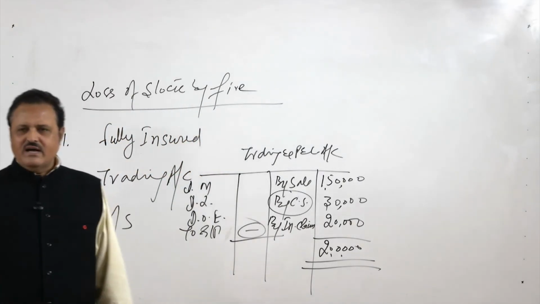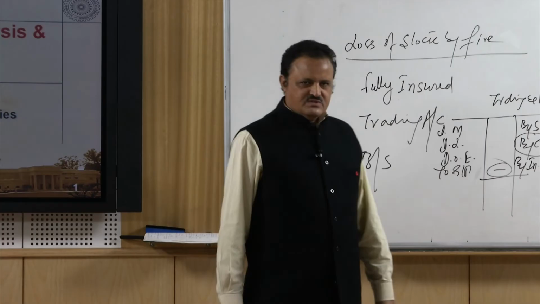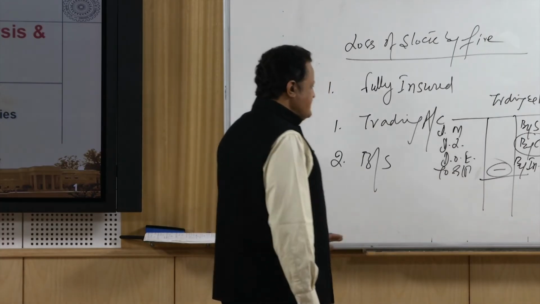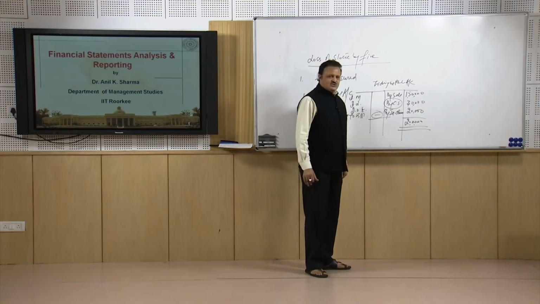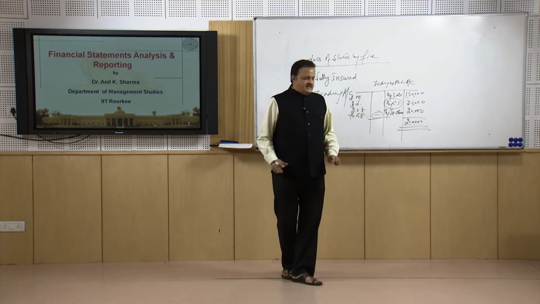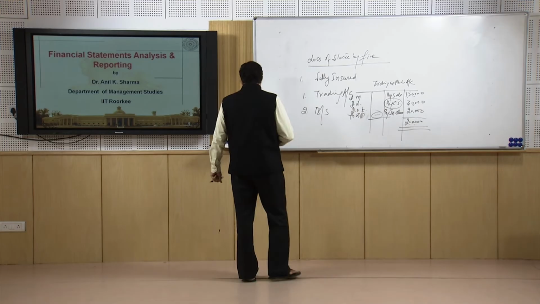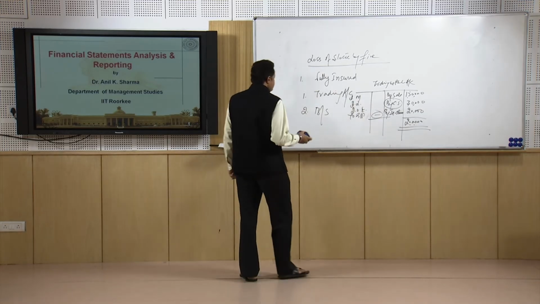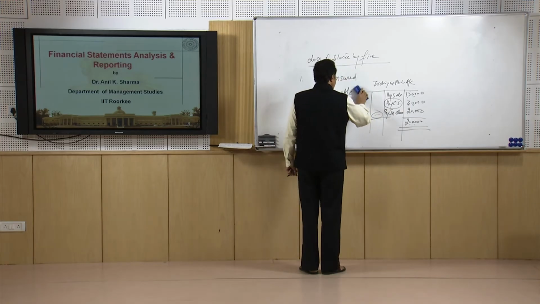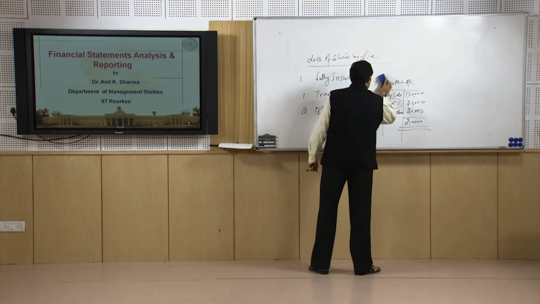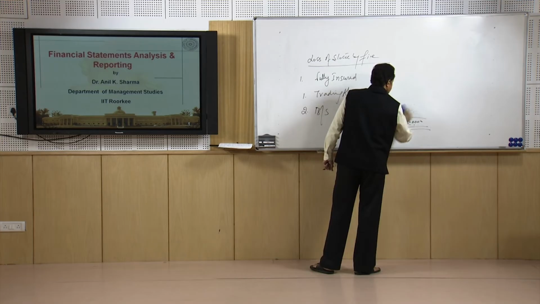There is no loss to the firm at all, but we have to show it under 3 heads: sales, closing stock and insurance claim. This is the treatment in the trading account if the loss by fire is fully insured. The second effect of this will be in the balance sheet.